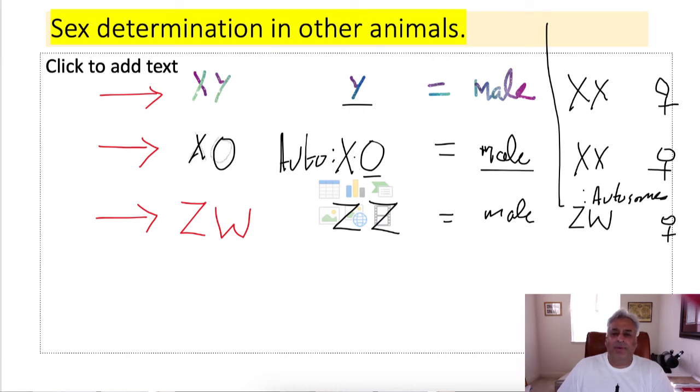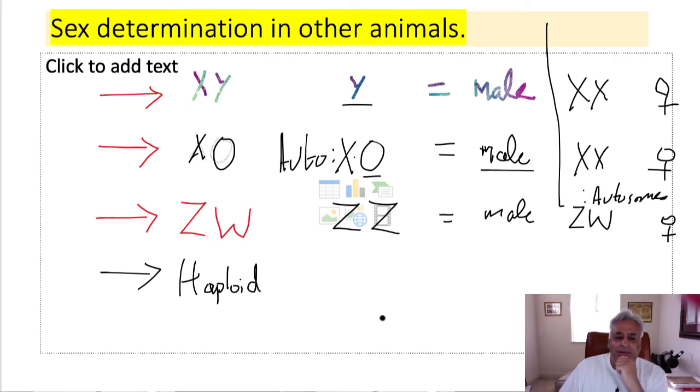So what else do we have? Well, we have more complicated systems. Let's quickly put them together since we have to move on, right? So in other creatures, we have something called the haploid system. Yes, that means one sex only contains 1 set of chromosomes, and the other sex contains 2 sets of chromosomes.